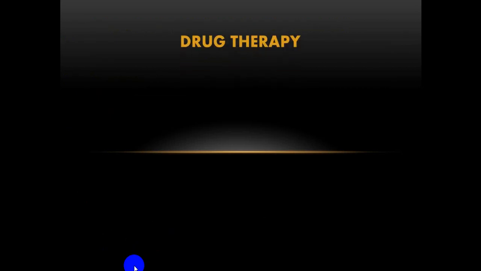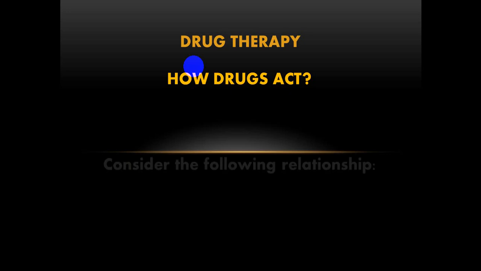So drug therapy. Our subject or our lecture today is drug therapy. How drugs act to control hypertension. As I mentioned in the slides, factors influencing the control of hypertension: peripheral resistance, cardiac output, and the factors that control these two parameters.